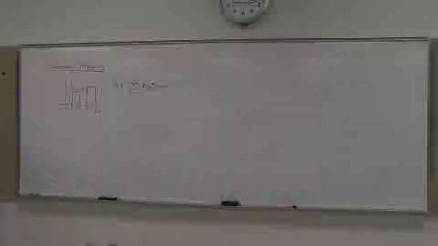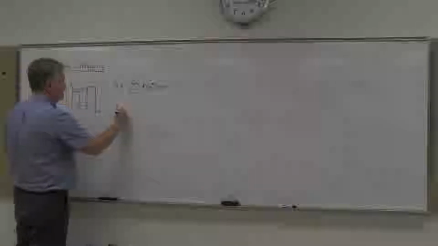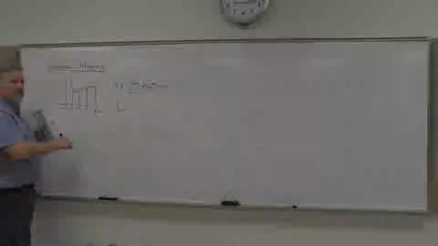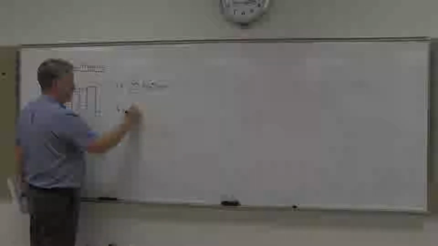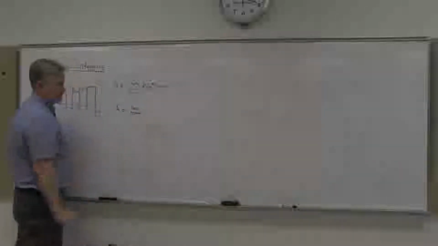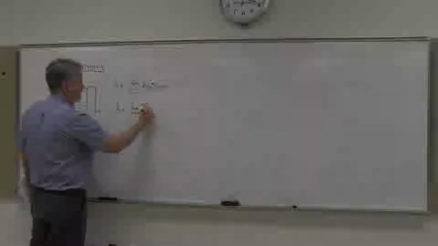Okay, so that was an approximation. Now to get the exact value of that area, we said do more rectangles. As a matter of fact, run the number of rectangles to infinity. In other words, make n be infinity, or take the limit as n goes to infinity of that.